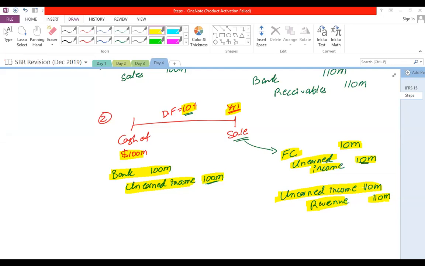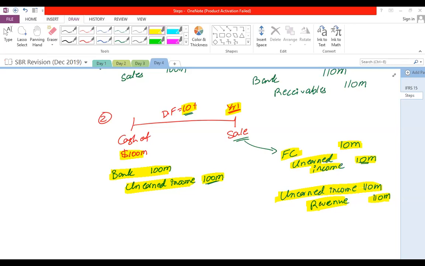Yes, Jesse, unearned income is the deferred income actually. Yes, Ahmed Nabi, it's more like unwinding actually. Cindy is clear. Josie is saying deferred income and advance. What is the difference? It is the same, Josie, but the word advance can be used both for the asset and the liability. Advance income is a liability, advance expense is an asset.